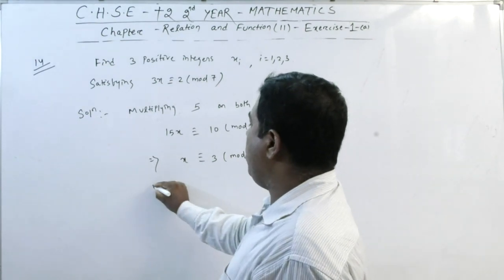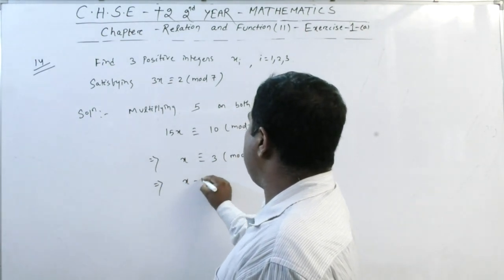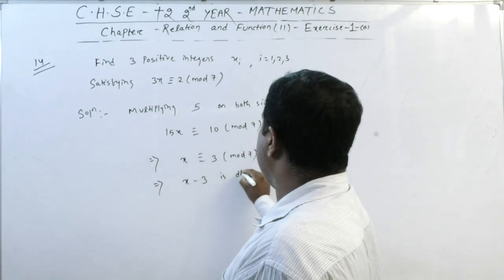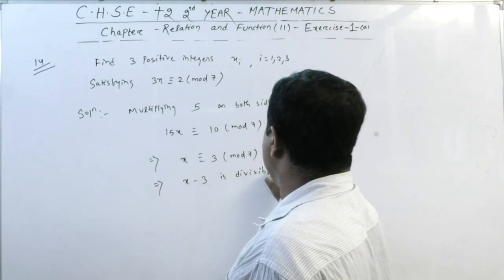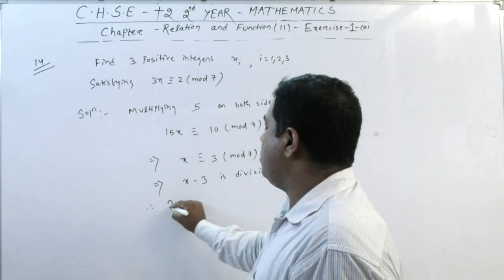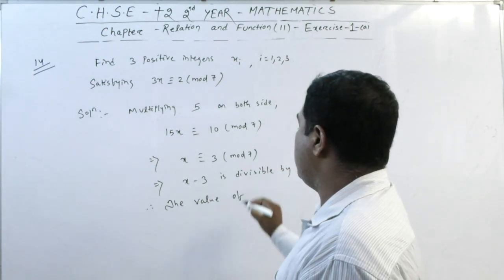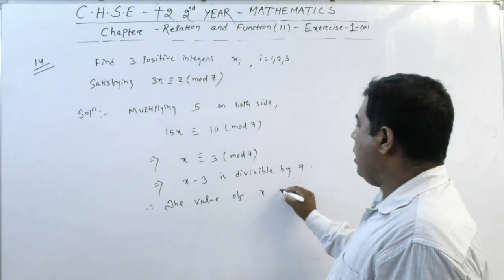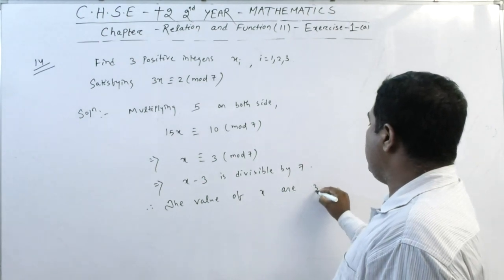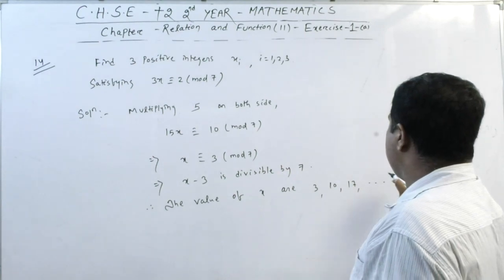So the minimum value of x, that implies x minus 3 is divisible by 7. Therefore, the values of x are 3, 10 and 17 and so on.